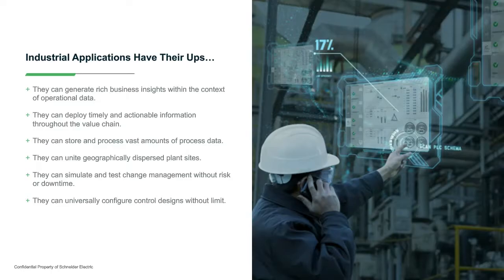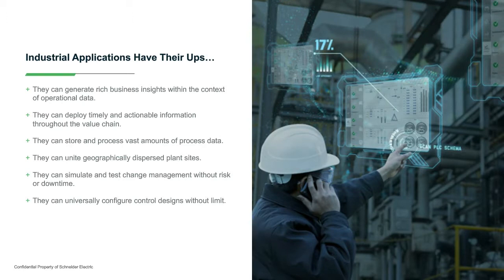So we talk here about some of the well-understood advantages of having industrial applications in your process: that they're able to generate rich business insights within the context of operational data, providing you real-time insight into what's happening in your application, being able to deploy timely and actionable information throughout the value chain, so not only down at the operations, but bringing the information off the plant floor and distributing it throughout your organization.